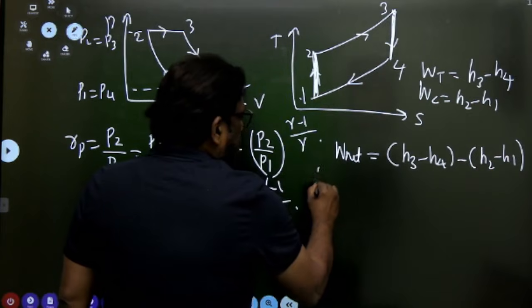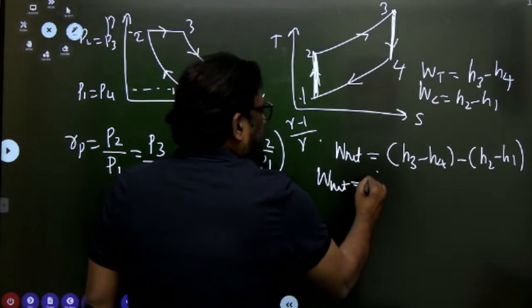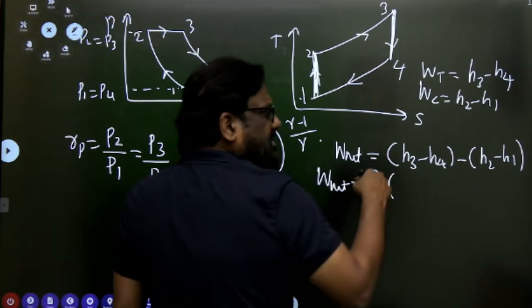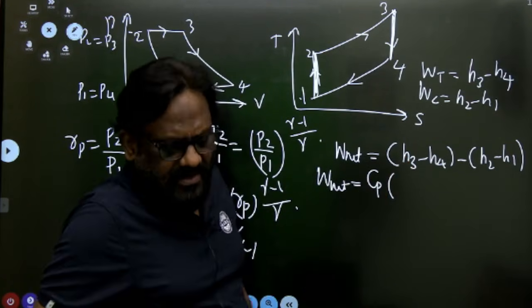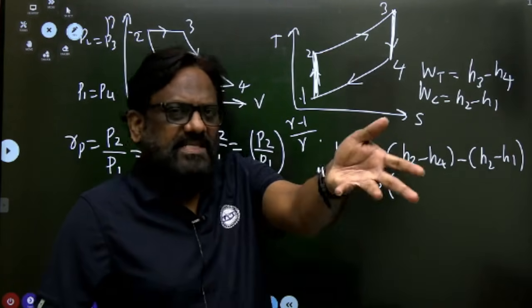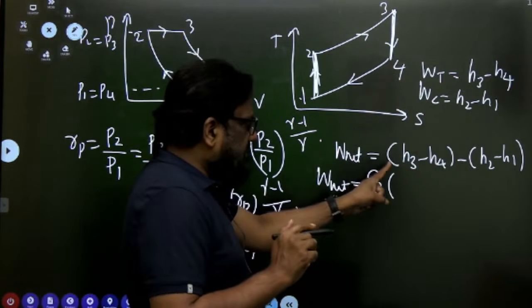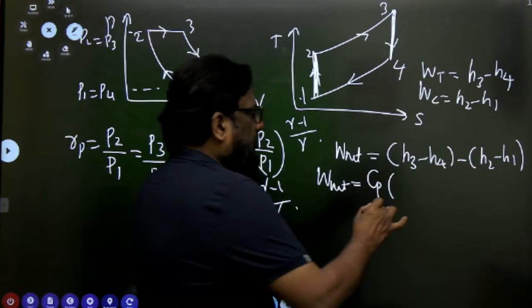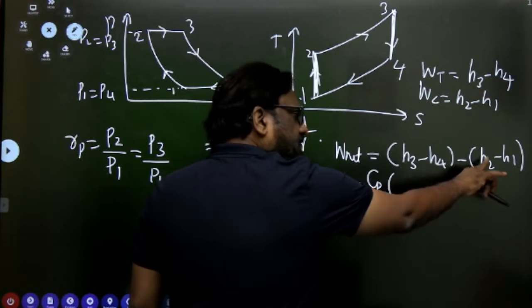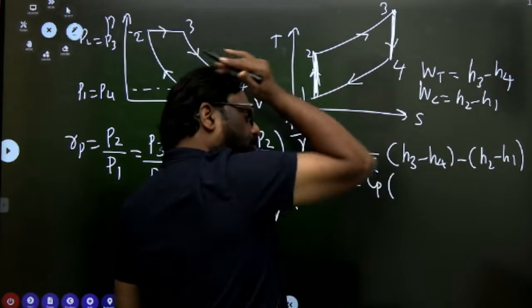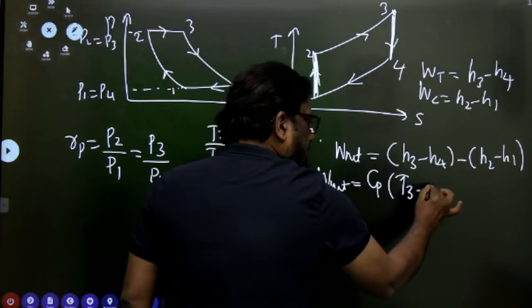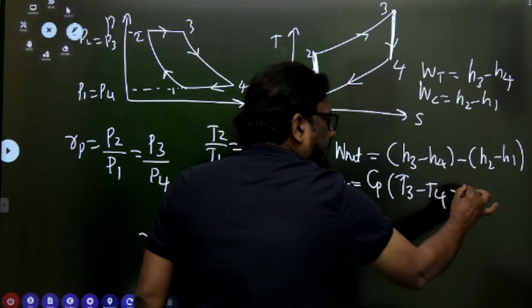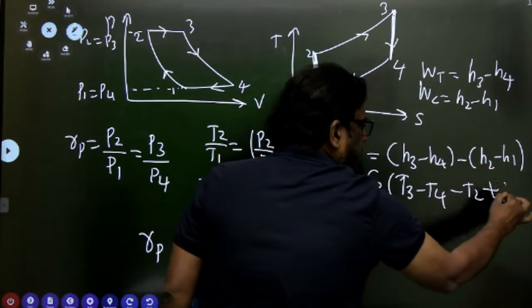Since the working fluid is an ideal gas, enthalpy can be written as CpT. So H3 is CpT3, H4 is CpT4, H2 is CpT2, H1 is CpT1. Take Cp outside and open the bracket: T3 minus T4 minus T2 plus T1.